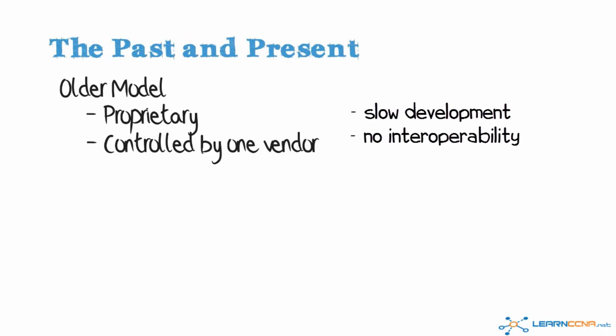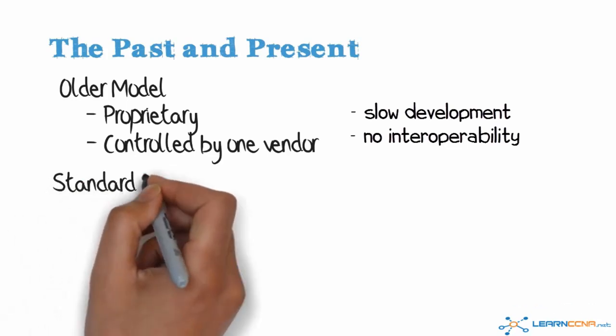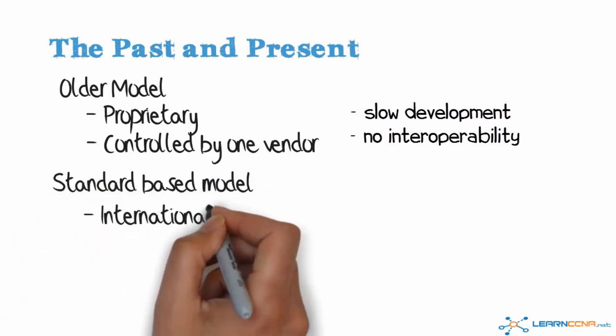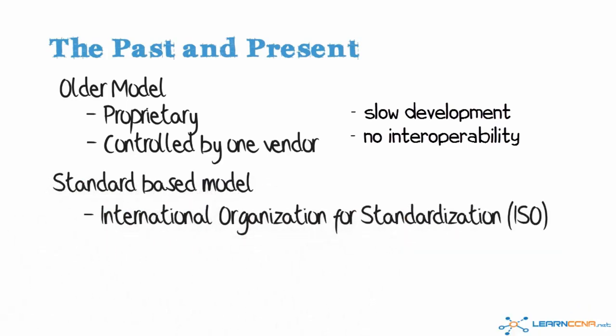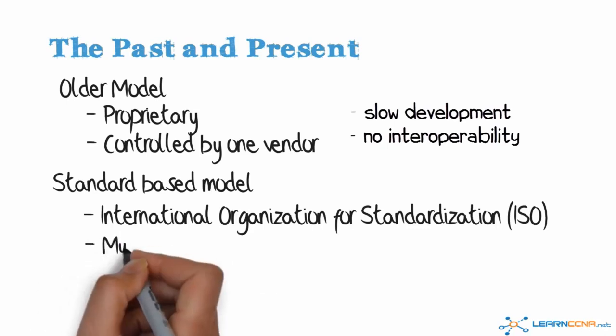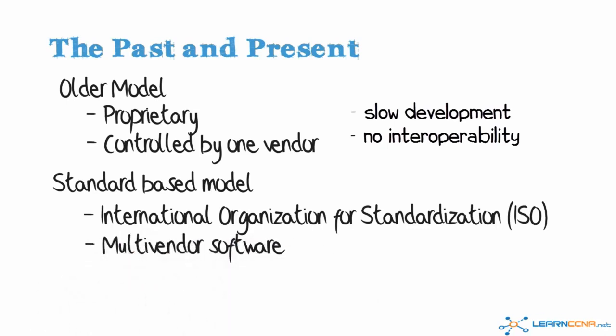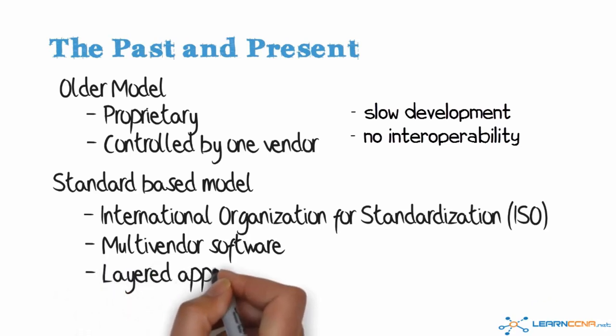For many years, there's been a major drive to standardize protocols, enhance interoperability, and use open standards. The OSI model was developed by the International Organization for Standardization, or the ISO, and it provides a layered approach to development and interoperability. It allows for multi-vendor interoperability and rapid development.